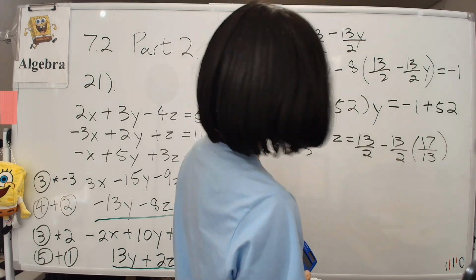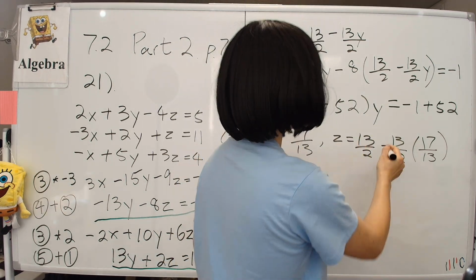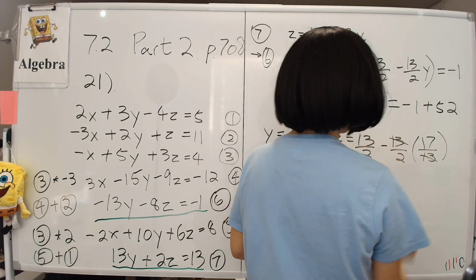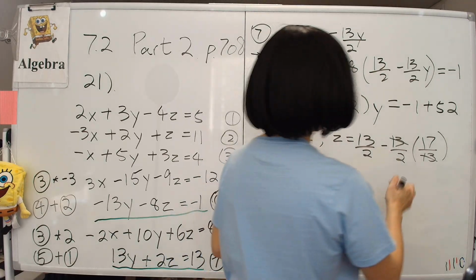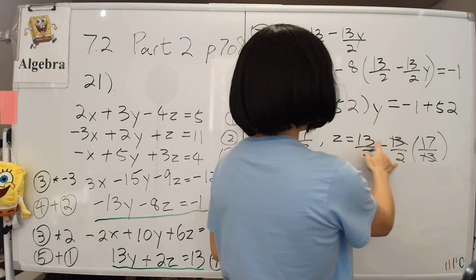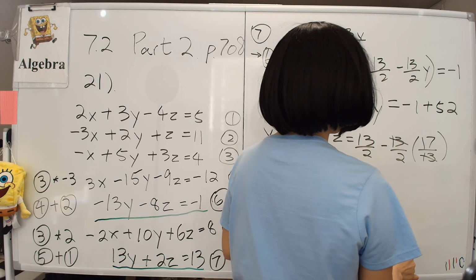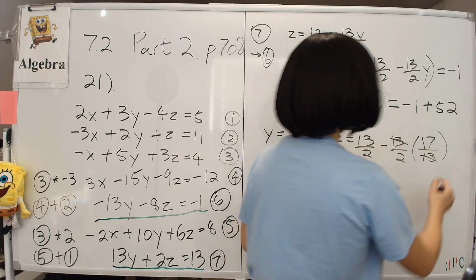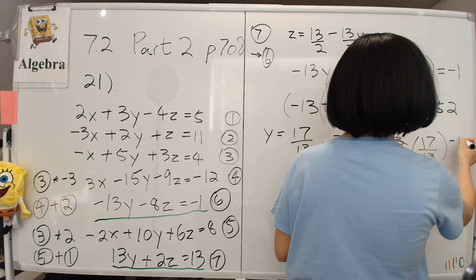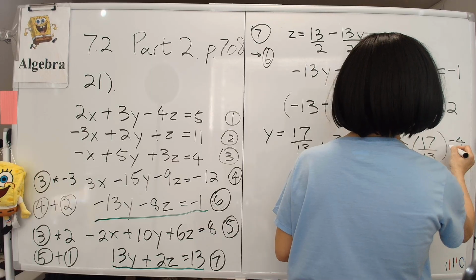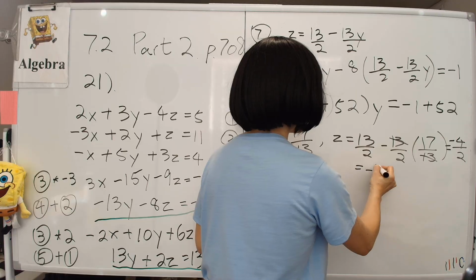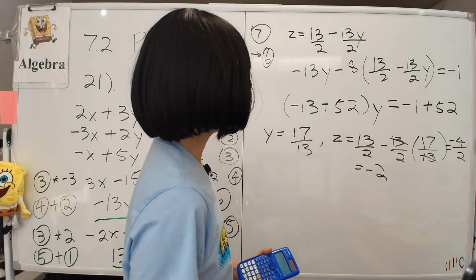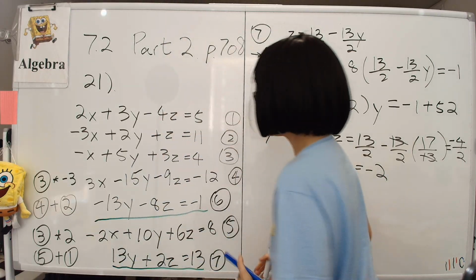We'll cancel this out. That is z equals 13 minus 17, which is minus 4 over 2, which is equal to minus 2.